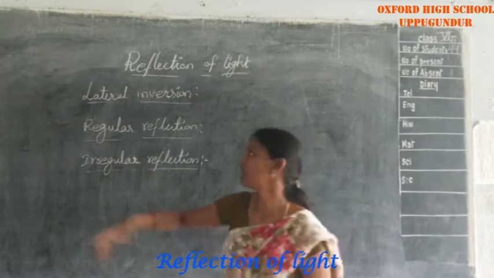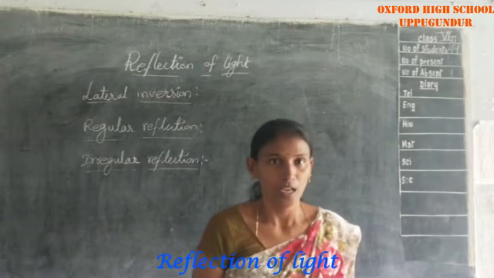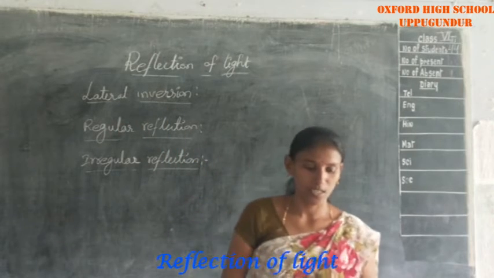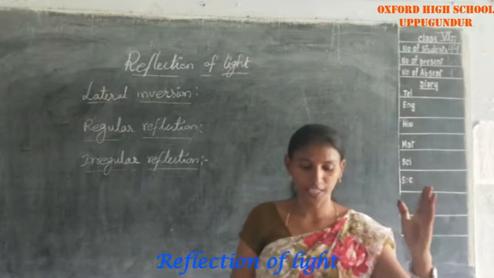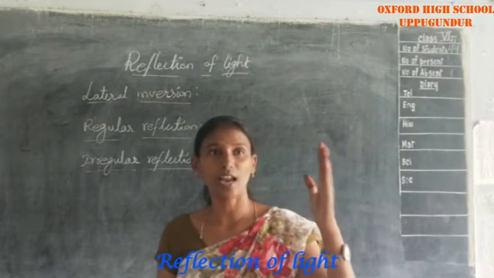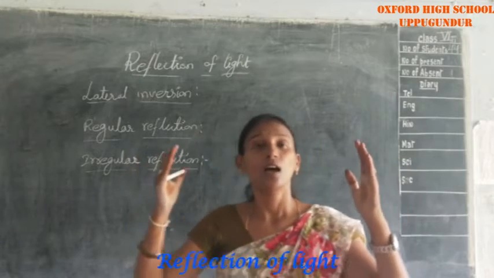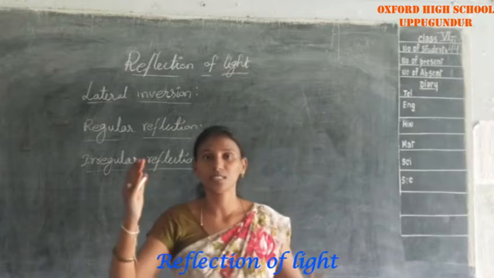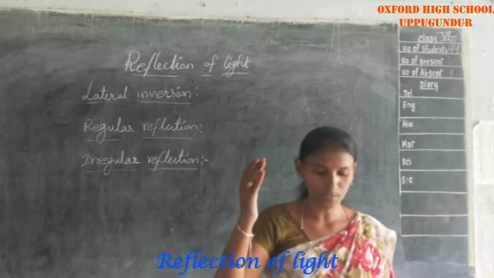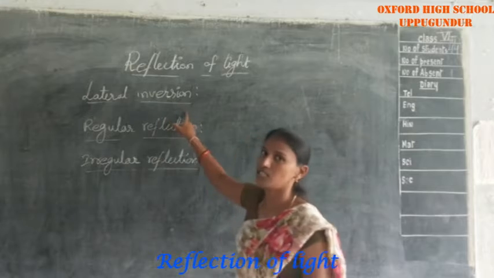That is called lateral inversion. Once again, lateral inversion: in the image formed by the mirror, the right of an object appears as left and the left of the object appears as right.